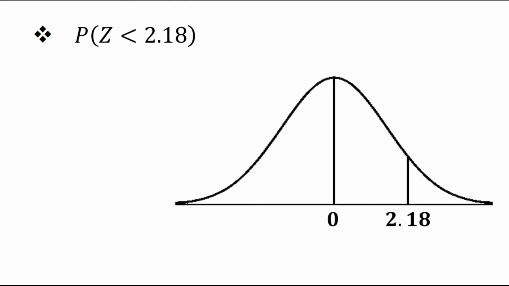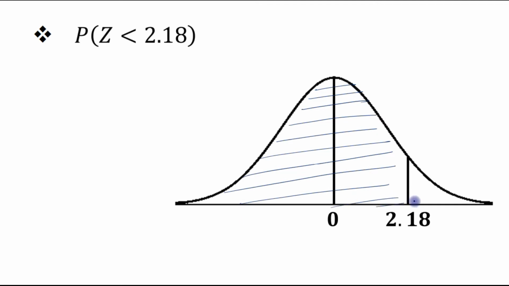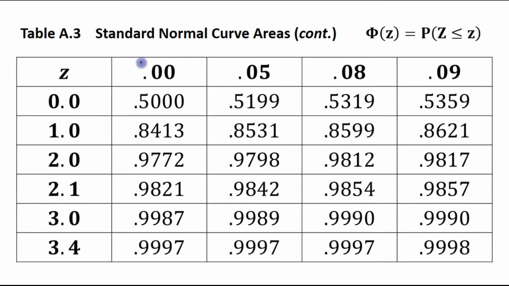Now let us solve this question. Find the probability that z is less than 2.18. So basically we need to find this area to the left of 2.18. In the next step we can write it as phi 2.18, and now we will look at this table, which is standard normal curve areas, and we need to find phi 2.18.